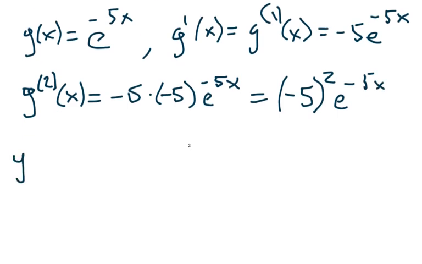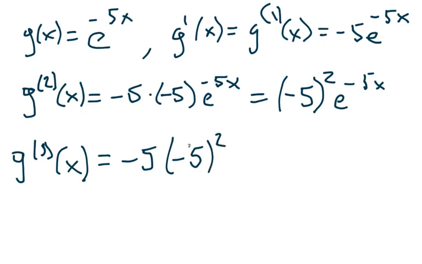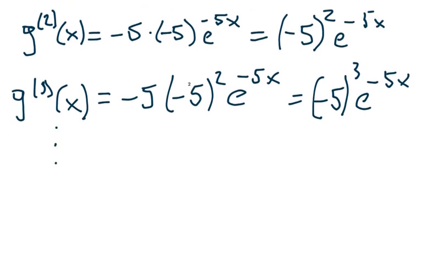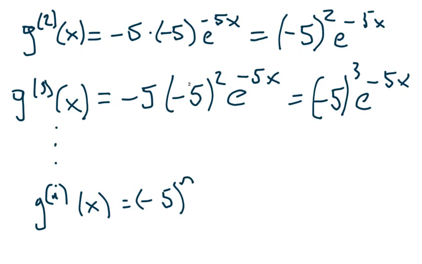Let's do one more until we're sure we see the pattern. g3 of x, the third derivative, is minus 5 times minus 5 squared, it brings down another minus 5, e to the minus 5x, or minus 5 cubed e to the minus 5x. Okay, so I think we see the pattern. The pattern is that gn, the nth derivative of x, is going to be minus 5 to the n e to the minus 5x.